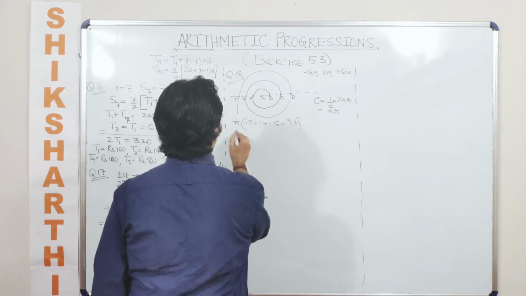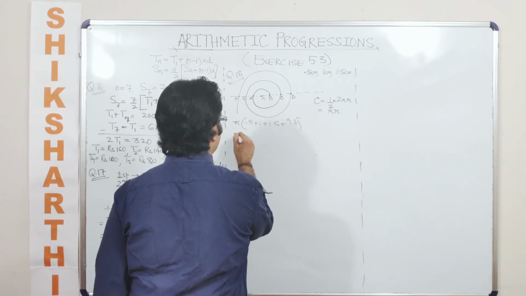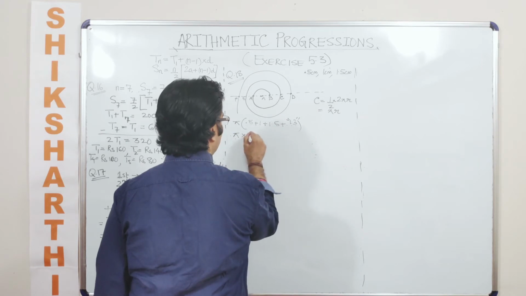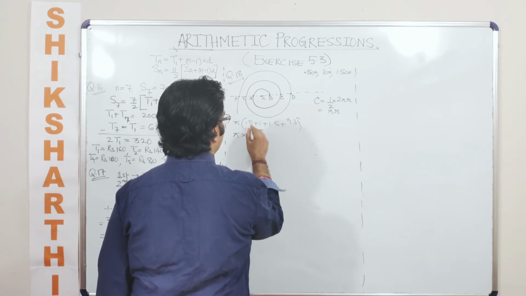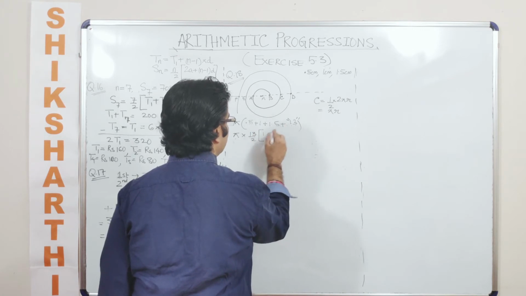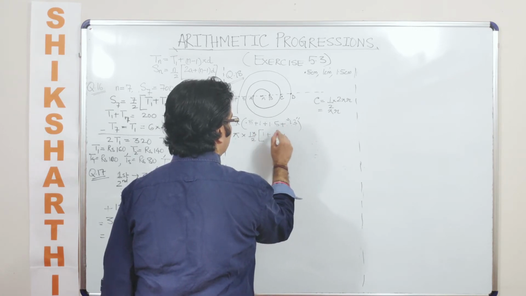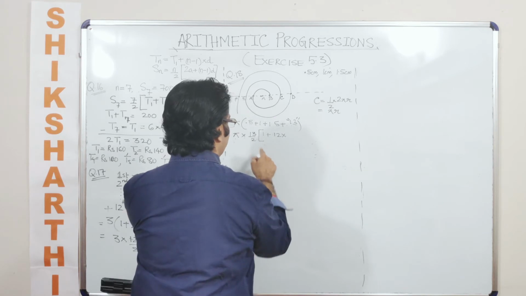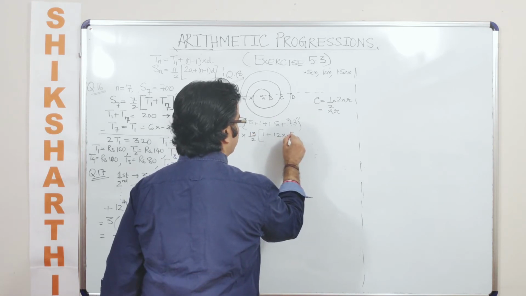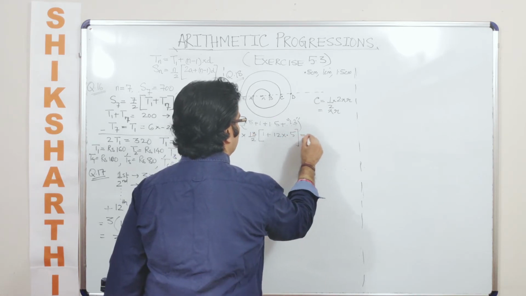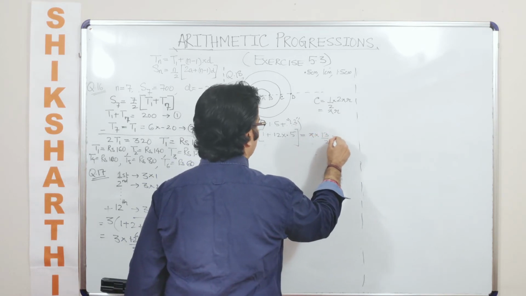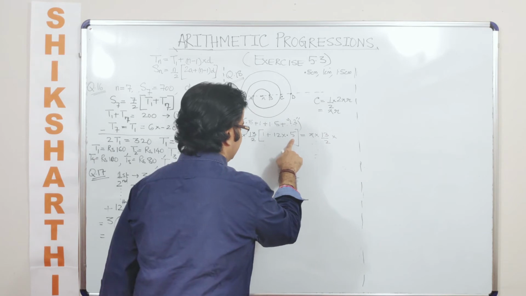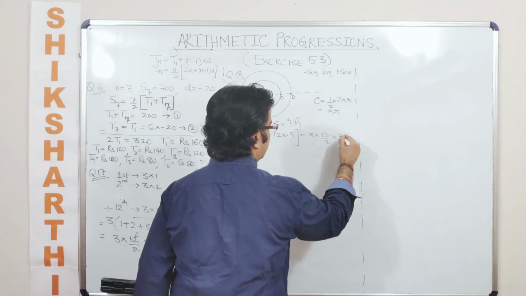So let me use the sum formula, which says pi is common here, into n by 2, n here is 13, times 2a, which is 1, plus n minus 1, which is 12, into d. Now what is the value of d here? 0.5. So here, can I say this is 13 pi by 2 into, how much is 12 into 0.5? 6. 6 plus 1, 7. Okay.